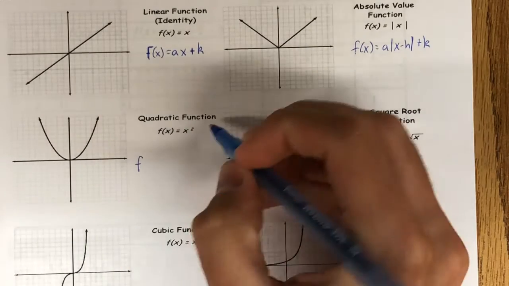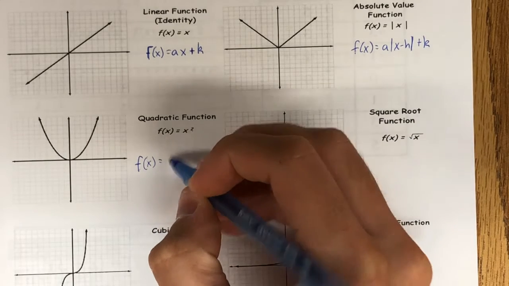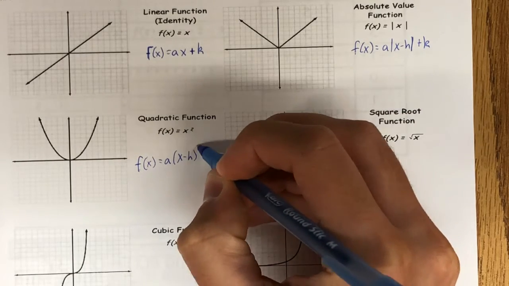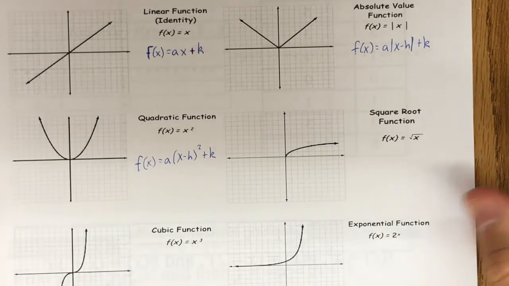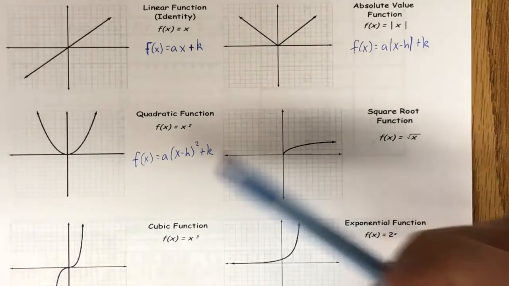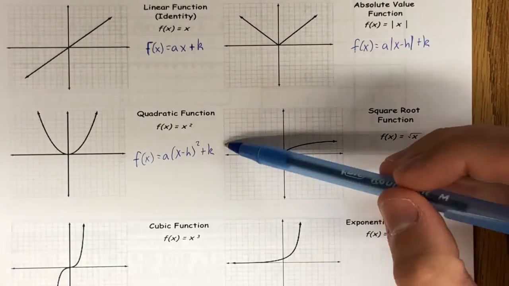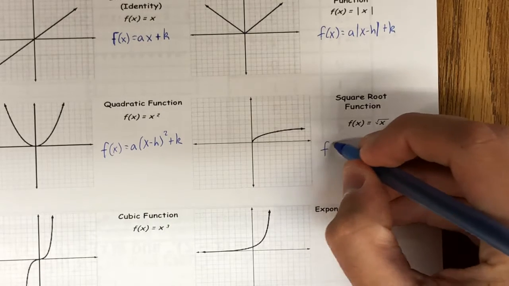So for a quadratic function, f of x equals x squared, we can have functional transformations of multipliers. We can add or subtract things on the inside, and we can add something to the end. And the location and notation in terms of positive, negative for h, k, and a will definitely come in handy later on.